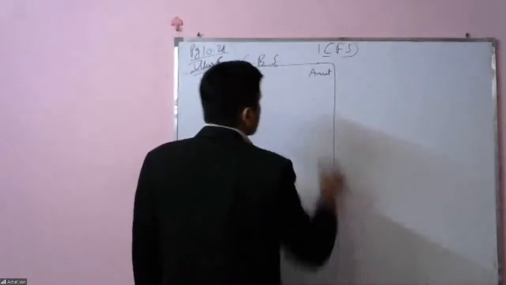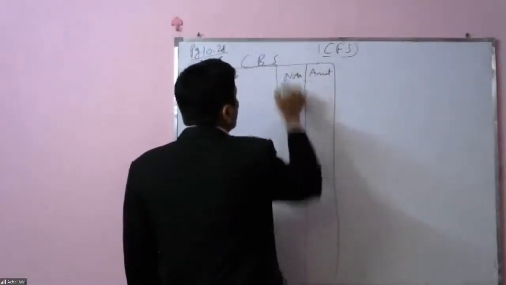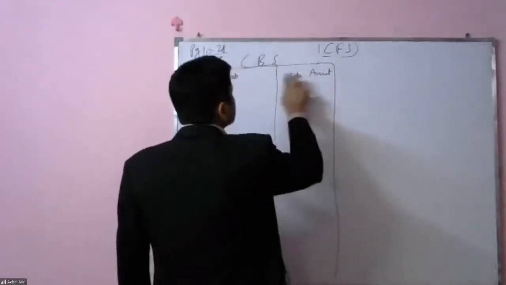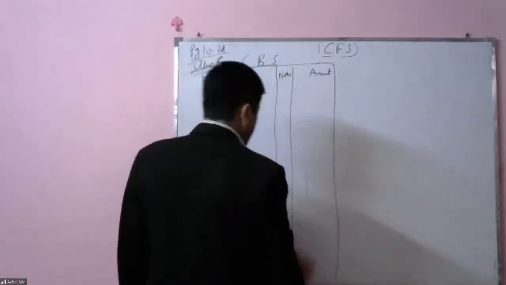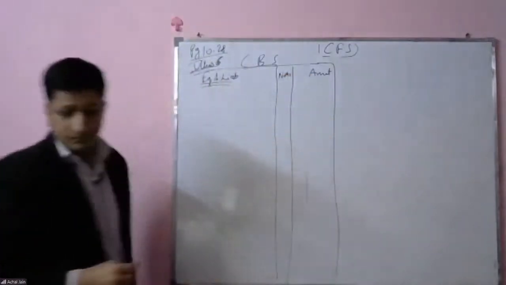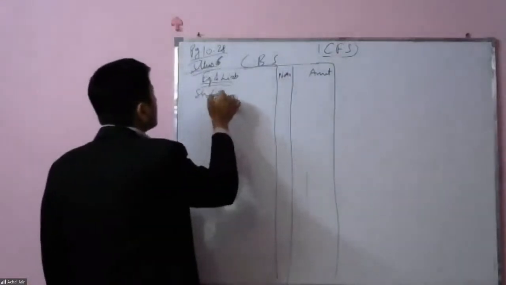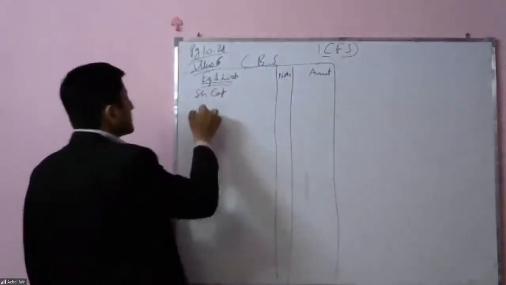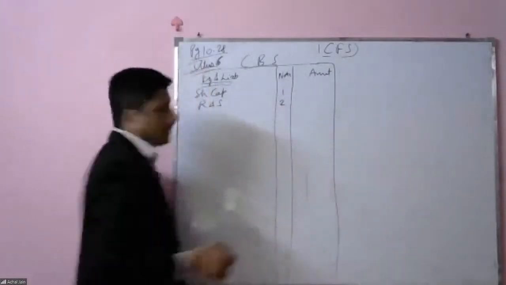Then we have the amount and the note number. Then it's the share capital, reserves and surplus, note numbers 1, 2.